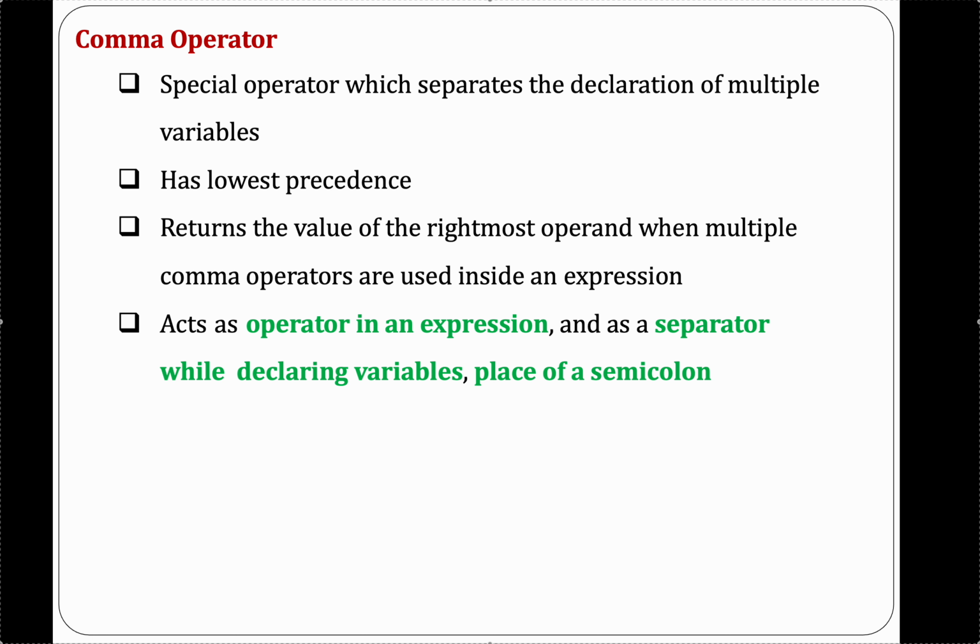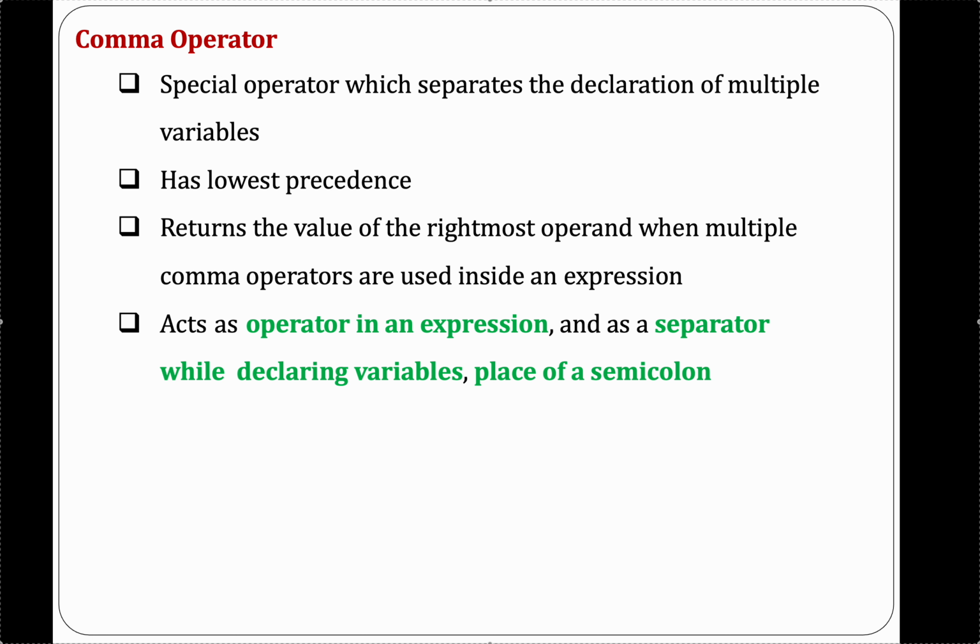So for example, we'll look at the program. In the program you can clearly understand why it is using the rightmost operand when multiple comma operators are used inside the expression. But the primary focus of the comma operator is three things. One, it can be used as an operator in an expression, and it is a separator while declaring variables.